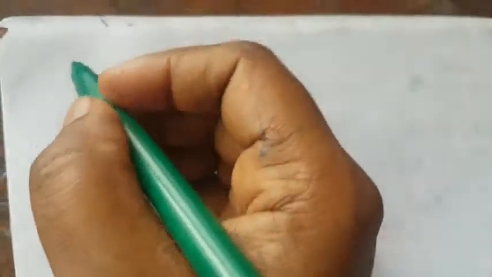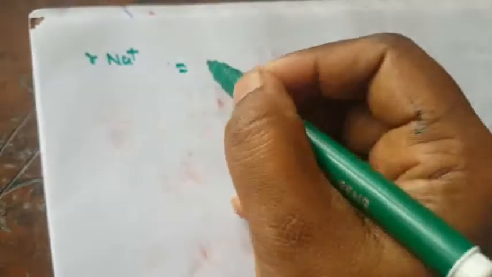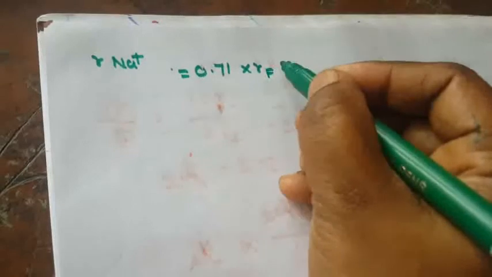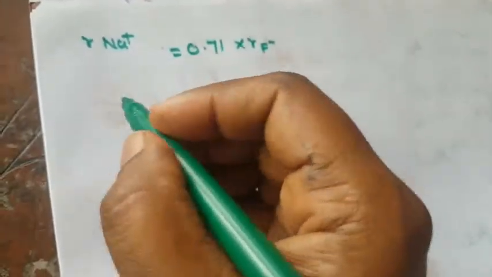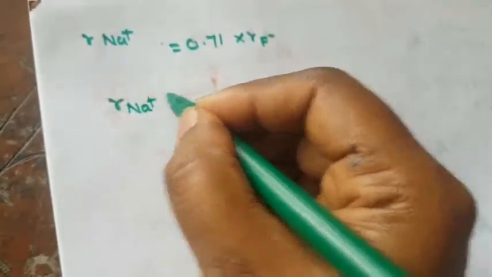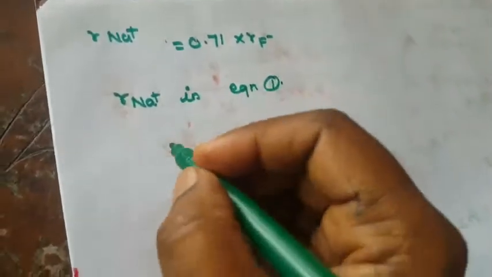Now from this value we can calculate the radius of Na plus and F minus. Radius of Na plus equals 0.71 multiplied by radius of F minus. Next, substitute into equation 1. What is the first equation?